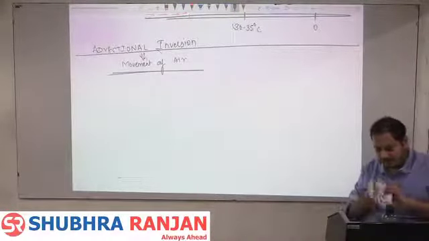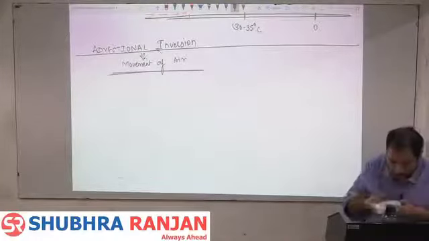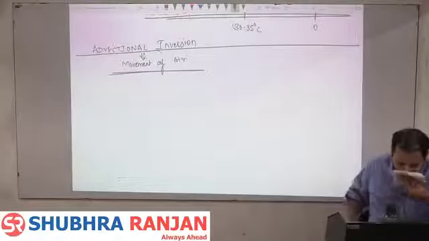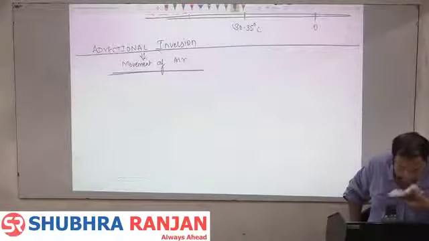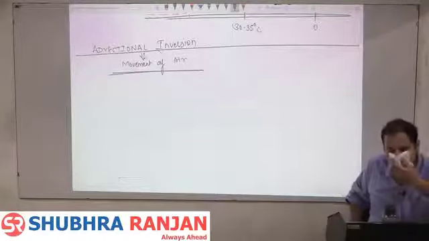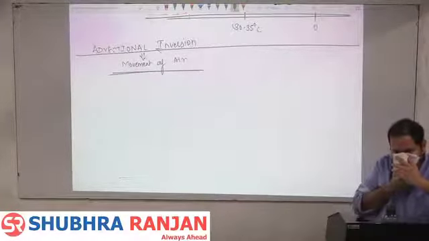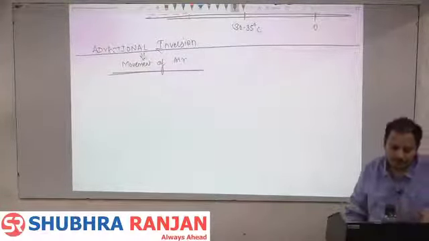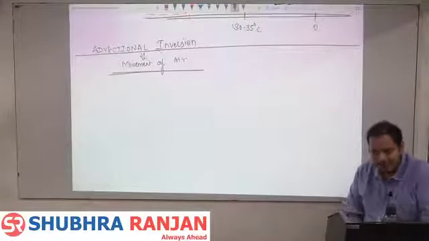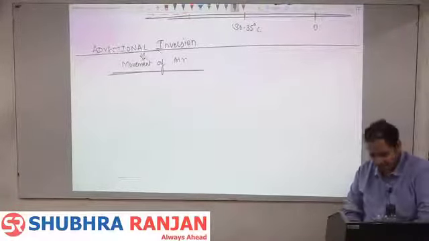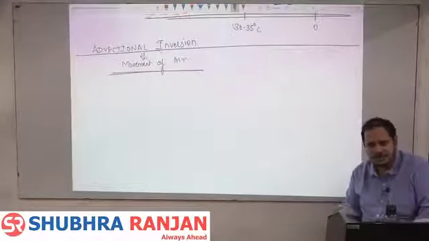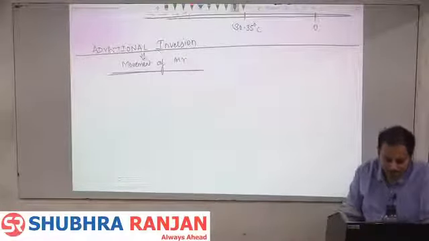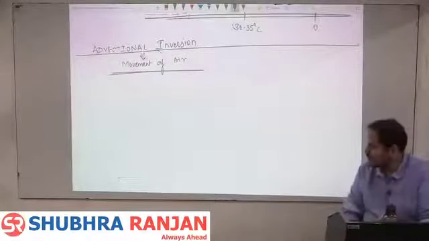So advectional inversion is also known as dynamic inversion, and it is caused due to either horizontal or vertical movement of the air. देखो ये exception है, वैसे advection means only horizontal movement of the air.